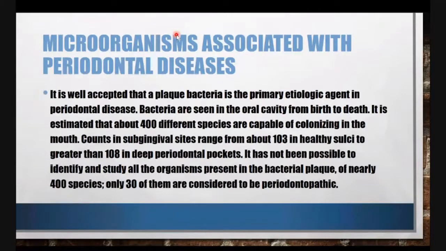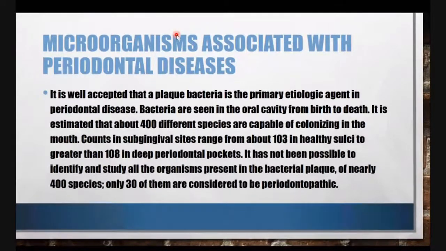Bacteria are seen in the oral cavity from birth to death. It's estimated 400 different species are capable of colonizing in the mouth. Counts in sulcular size range from 10^3 in healthy sulci to greater than 10^8 in deep periodontal pockets.